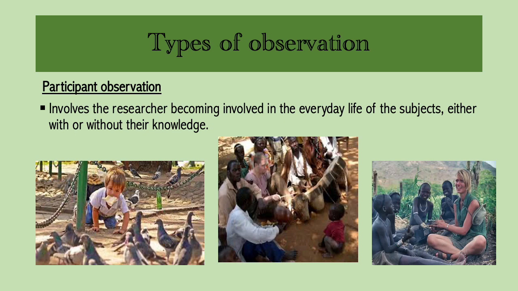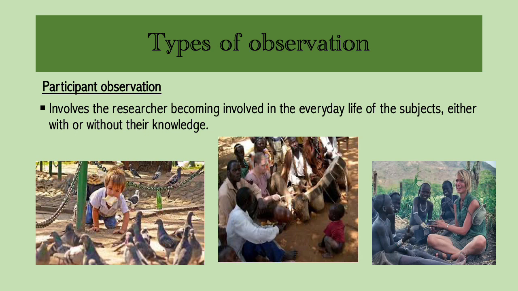The researcher is involved with the subject itself. They become one of them. And the same thing with the third picture. The researcher is involved with the subjects. So participant observation means the researcher becoming involved in the everyday life of the subject, either with or without their knowledge. So basically, the researcher becomes part of the subject.